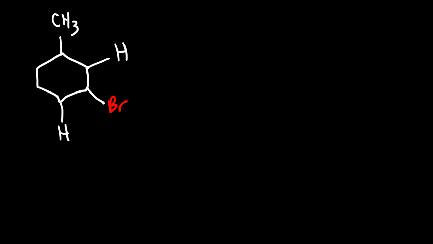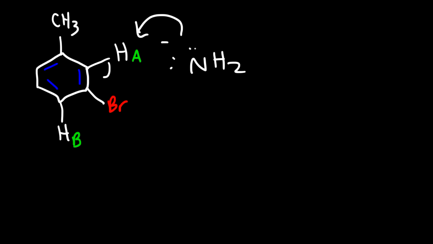So let's call this hydrogen A and hydrogen B. So initially, let's use the base to remove hydrogen A. If it goes to remove hydrogen A and expelling the bromine atom at the same time, we can get this benzyne intermediate.